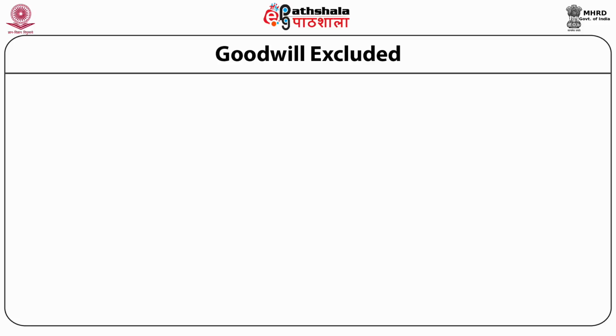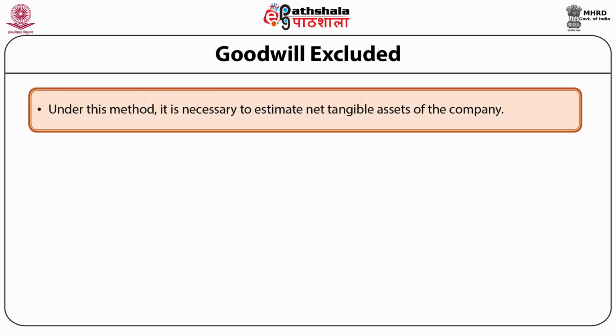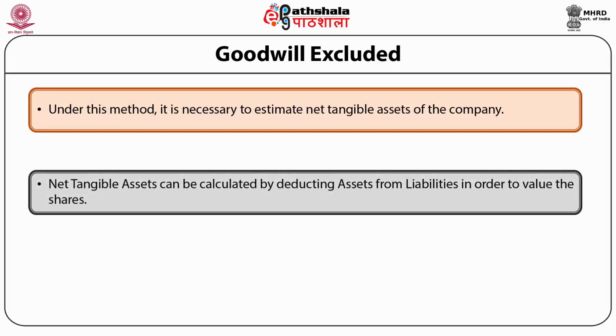To value the share on the net tangible assets basis by excluding the amount of goodwill. Under this method, it is necessary to estimate net tangible assets of the company, and the value of net tangible assets can be calculated by deducting liabilities from assets in order to value the shares.